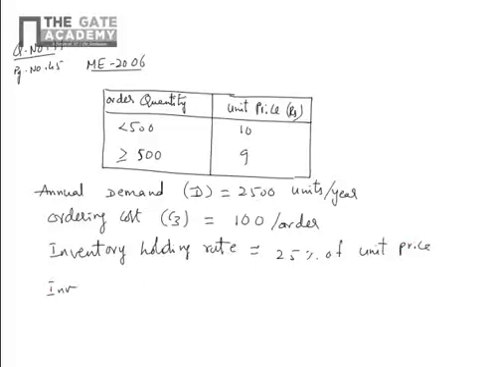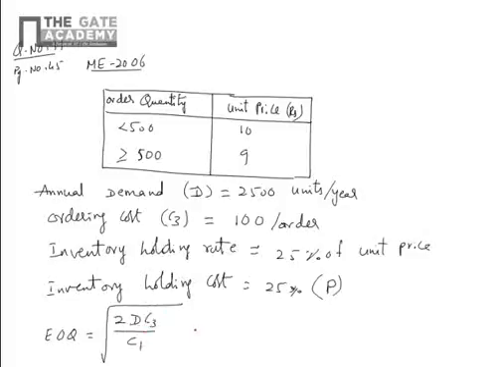So inventory holding cost is 25% of unit price. What is the unit price? Whatever value you take for calculation of economic order quantity. Suppose if you take 10, then it is 10.